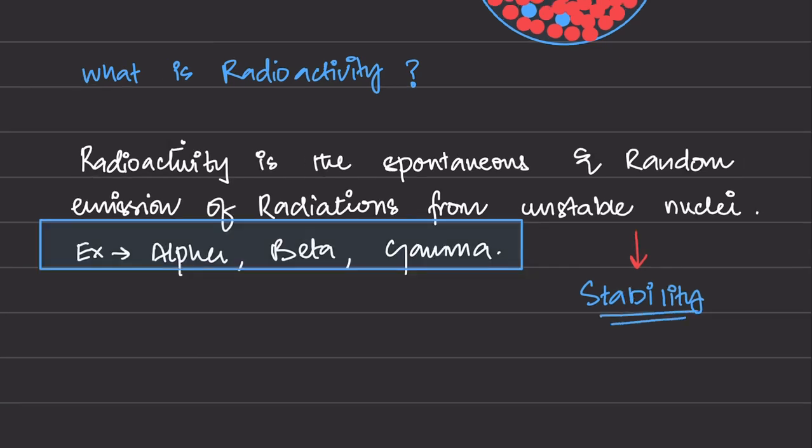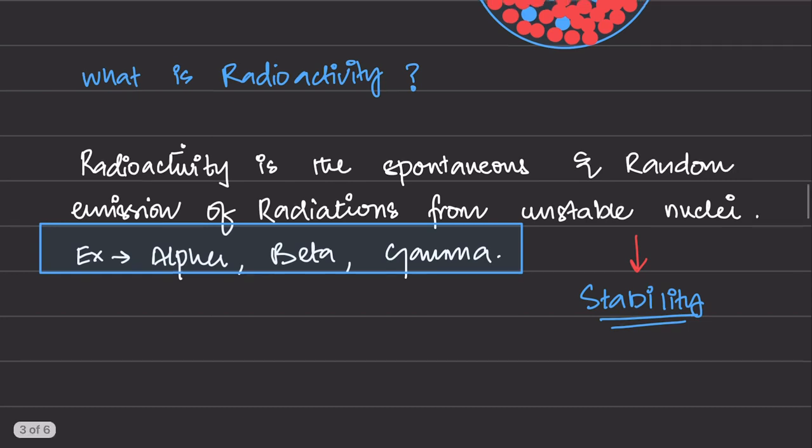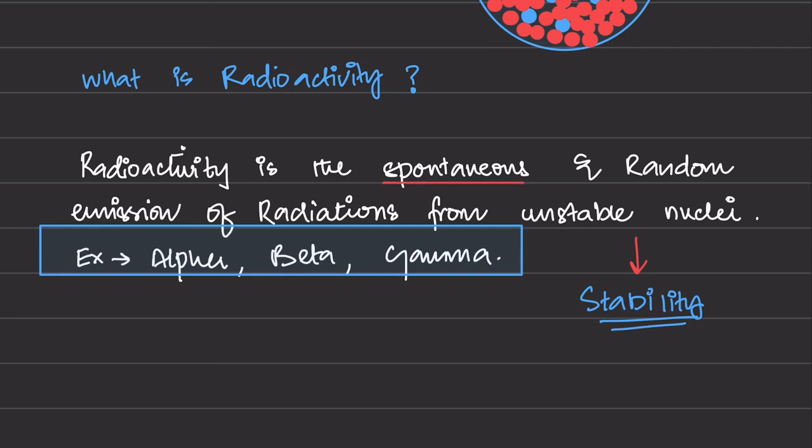So that's what radioactivity is, that's what radioactive decay is: the spontaneous and random emission of radiation from unstable nuclei. Now, what do we mean by spontaneous and random? Let's dive into that part a little bit. Spontaneous means that this emission can take place and it's not affected by anything externally, like temperature change, electric or magnetic field, or pressure.